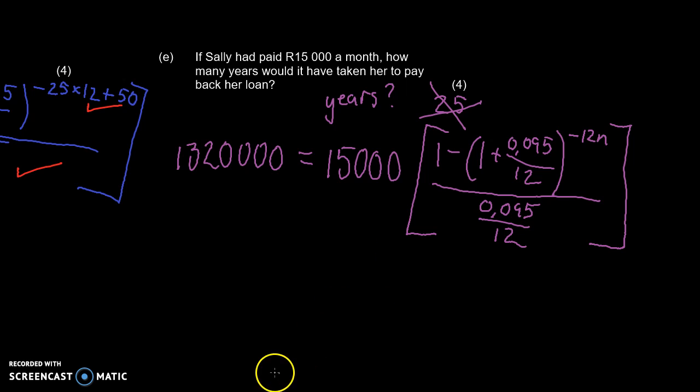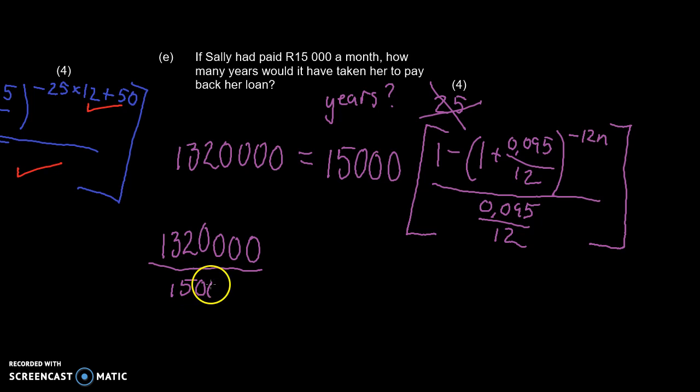And this is where we've got to do some fancy mathematics. We shuffle things all over the place. First thing I'm going to get rid of is the 15,000 by moving it over. I want to highlight or isolate the n. So I'm moving as many things as I can over to the other side, and I'm going to have to use logs to do this.